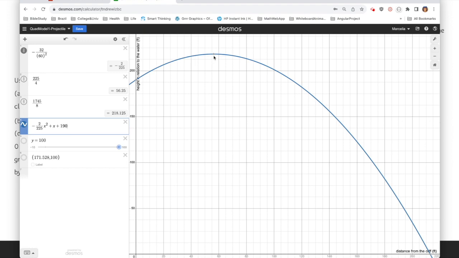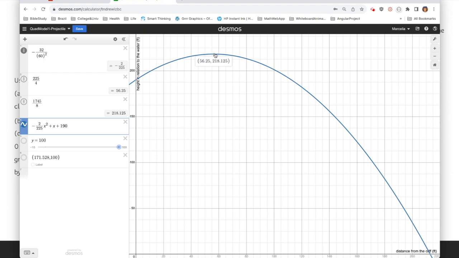And then we learned that the vertex, or the maximum that the projectile went upwards, was 218 feet. From 190 it went to 218, and you start to get distant from the cliff. Now it's not at 0 anymore. It's not on top of the cliff, but at a distance of 56 feet from the cliff, at a height of 218 in relation to the water.